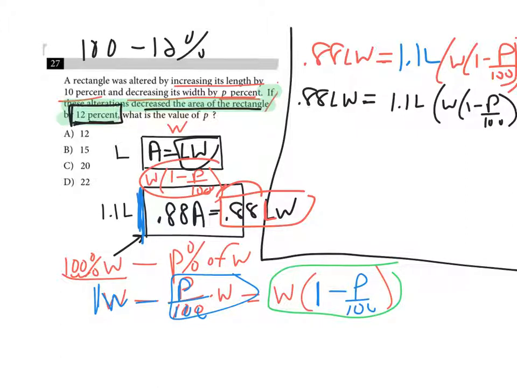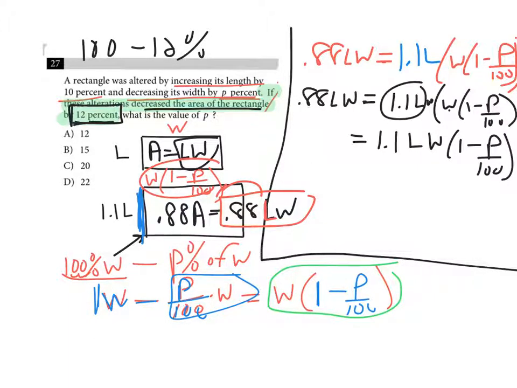Now what I can do is rewrite this right-hand side as 1.1 times L times W times 1 minus p over 100. Since I'm multiplying this times this times this, I just separate it as 1.1 times L times W times 1 minus p over 100.